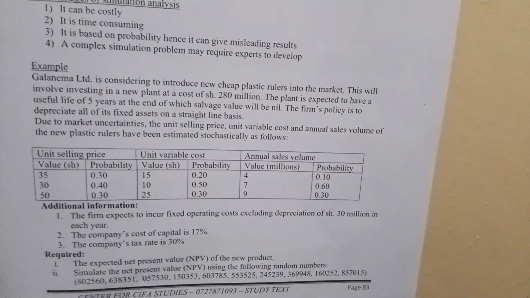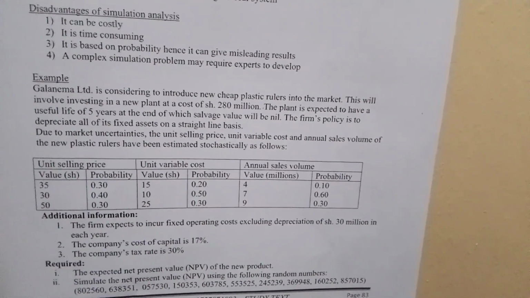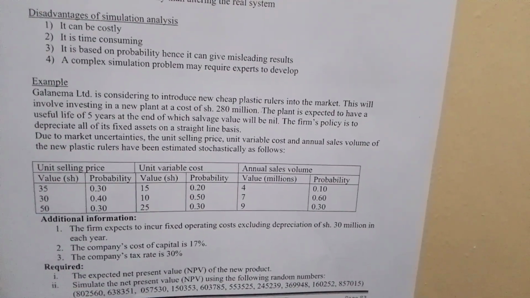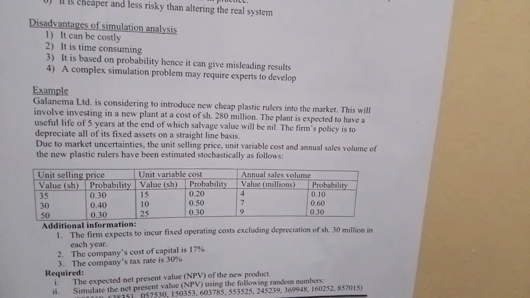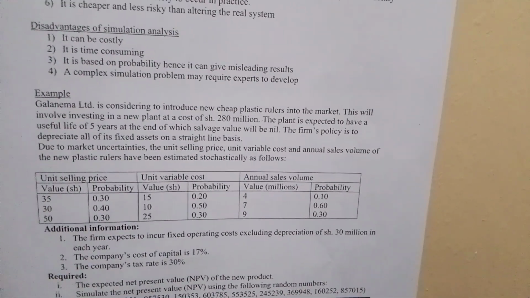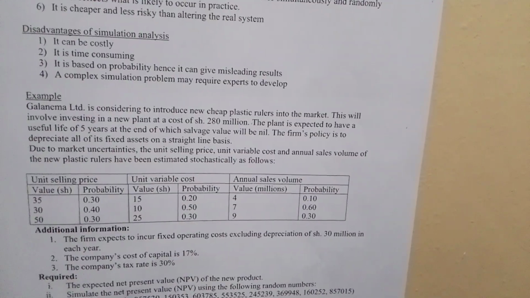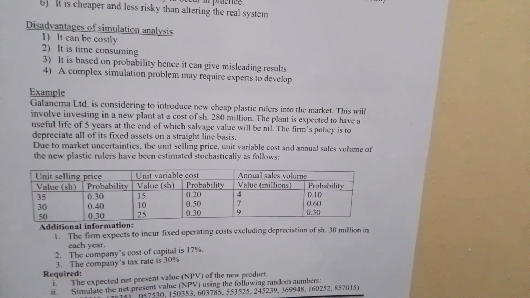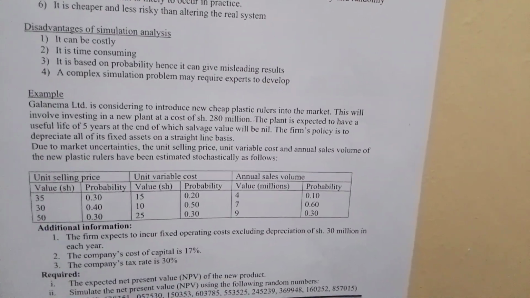So just be taking the expected unit selling price, you'll be taking the value given times the respective probabilities. You sum up those figures. Then expected unit variable costs, the values given times probability. You sum up the figures.